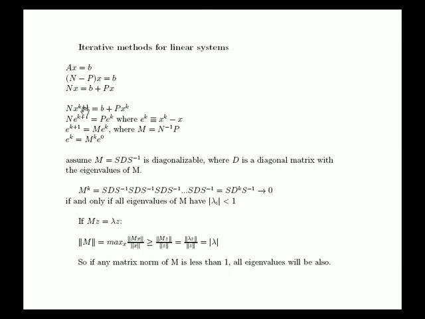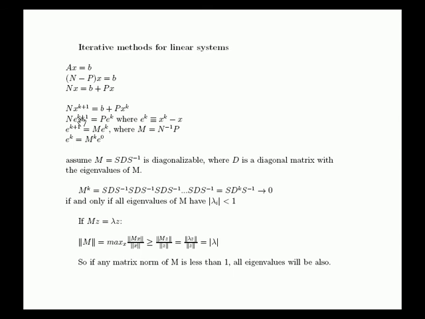x is the vector of the exact solution of Ax equals b, which is equivalent to this. And here's your iteration. Now you subtract the two and you get e_{k+1}, where e_{k+1} is x_{k+1} minus x, the error after k plus 1 iterations. e_k is the error after k iterations. The b's cancel out and you get P e_k.